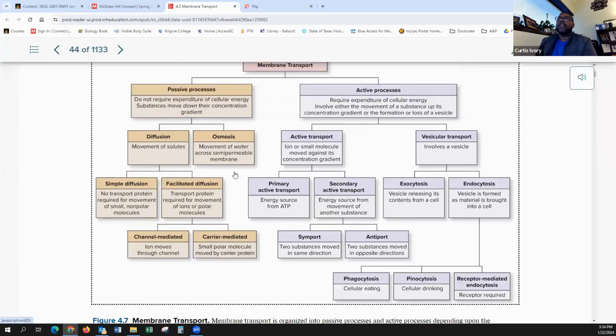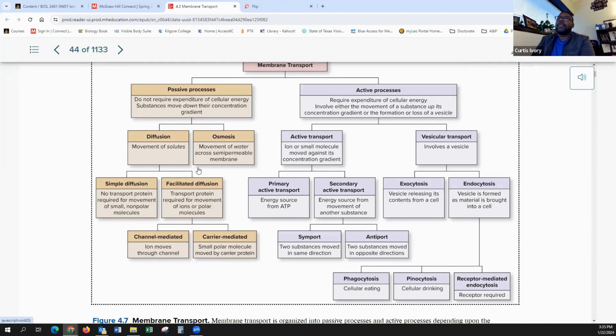Now in diffusion, you have what's called simple diffusion or facilitated diffusion. Simple just means that there was no protein required for movement, meaning nothing had to be used to make something diffuse, essentially. Facilitated means that it had to be helped.